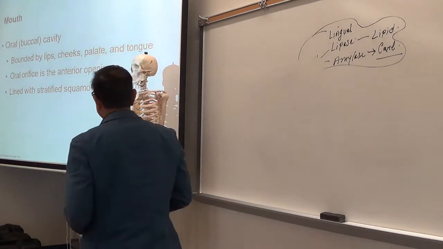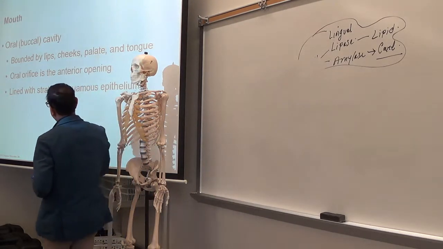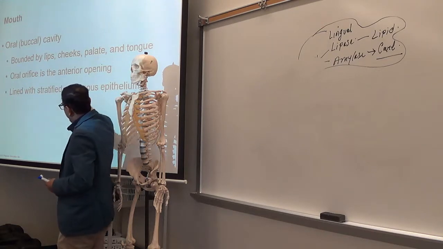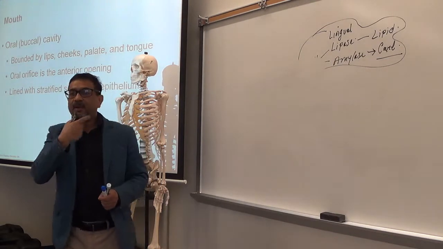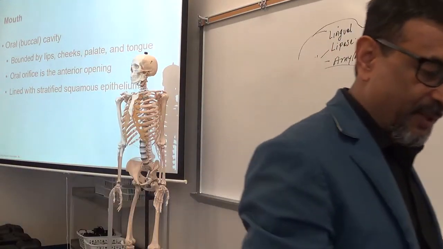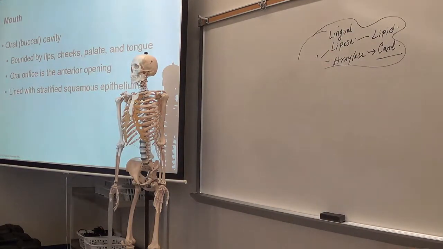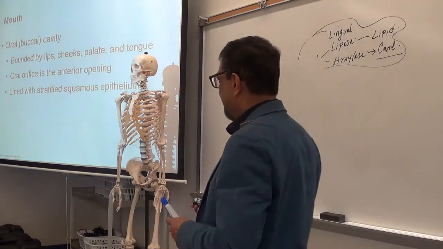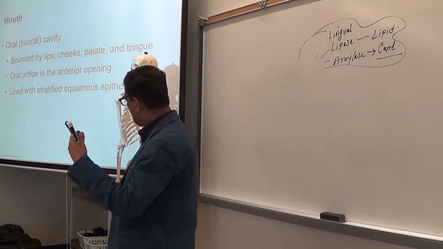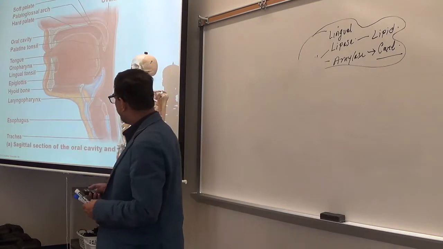And anterior boundary formed by the lips. Lining of the oral cavity is stratified squamous because the chance of friction is high. You swallow the food, you chew the food, so stratified squamous.